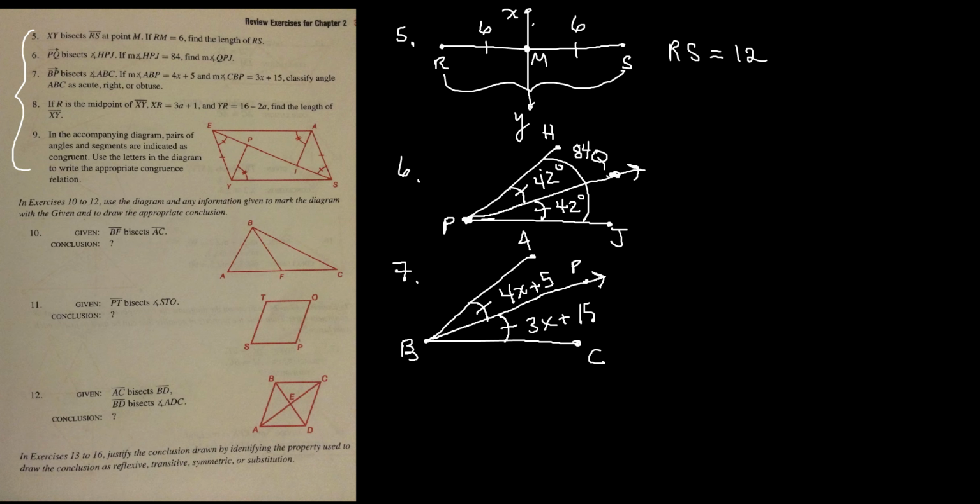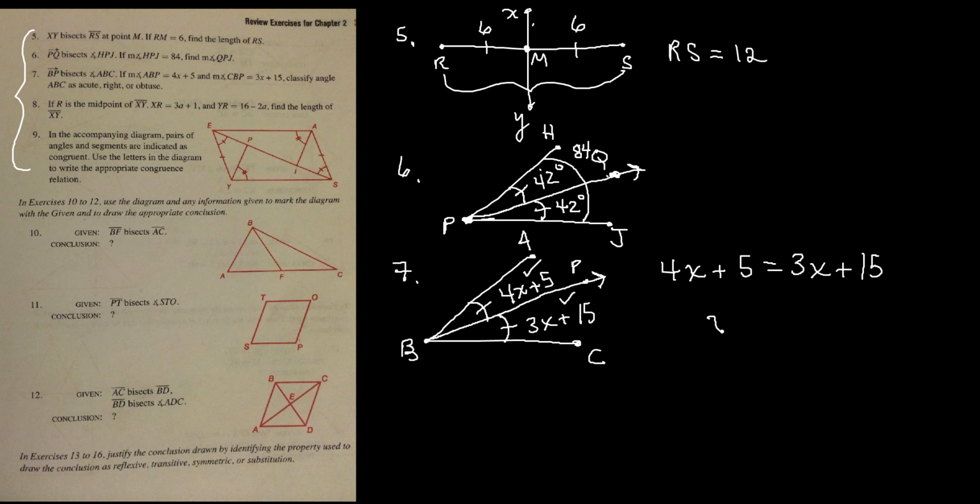And they say classify angle ABC if it's acute or obtuse. Now, we know that this angle equals this angle because it tells us that this ray bisected the angle. So we know that 4x plus 5 is equal to 3x plus 15. And we're going to solve that.